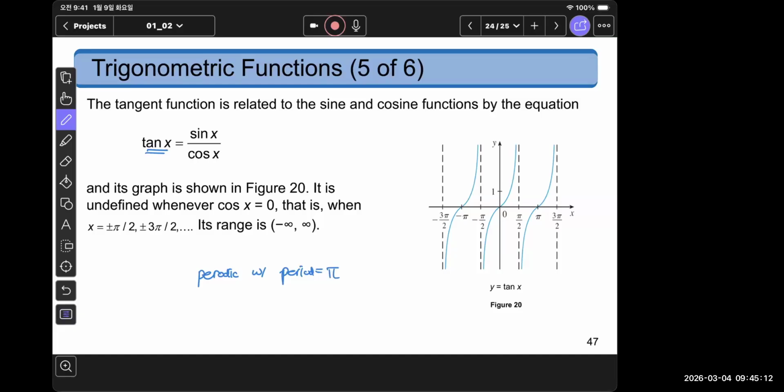And this function tangent is defined by sine over cosine. So when cosine is zero, the tangent is not defined. So the domain of the function does not include pi half or 3 pi half and so on.